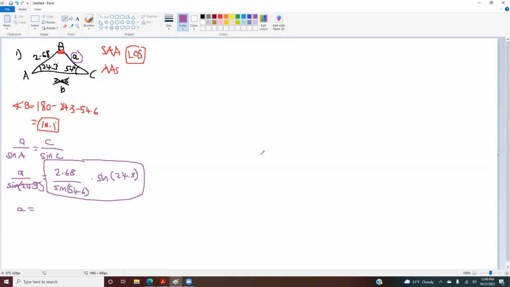Is it 1.35? 1.35. Yep. Two decimal places is what you need to round. Anyone?